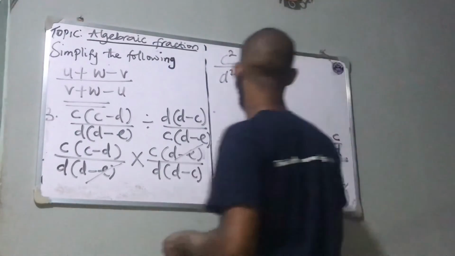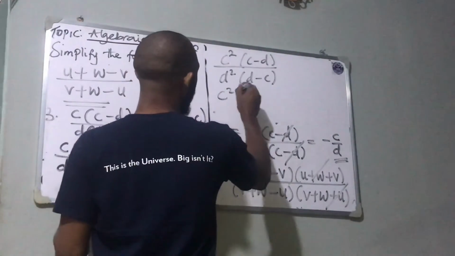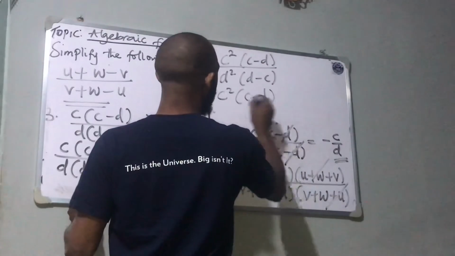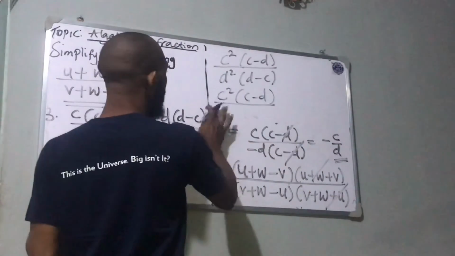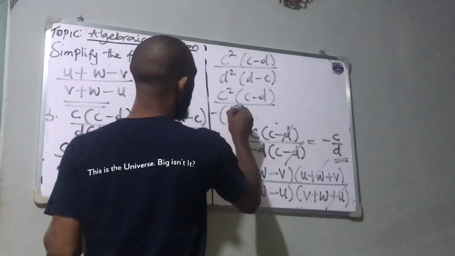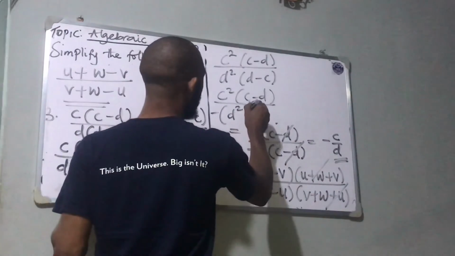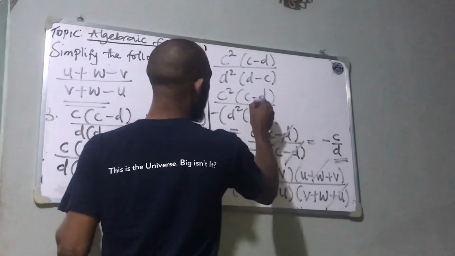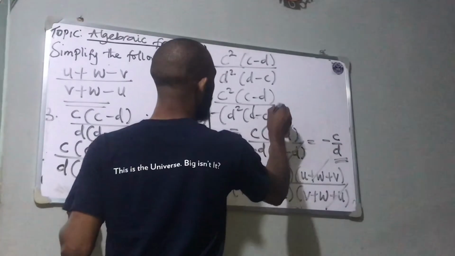So let's quickly do that. We have c squared, c minus d. We multiply by minus, we have minus d squared, d minus c.